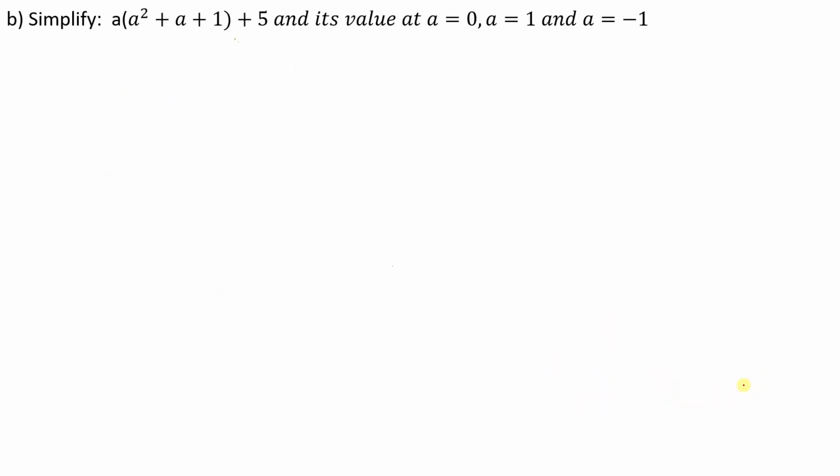Okay. Next. Similarly, you need to simplify this and find the value of this expression at a equal to 0, a equal to 1 and a equal to minus 1. A into a square plus a plus 1 plus 5.